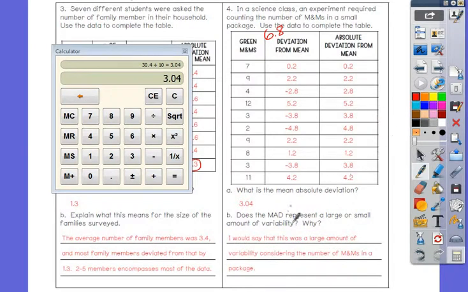And I would say this is a large amount of variability, considering the number of M&Ms in the package is pretty small. So if you're off 3 M&Ms in a bag that only had a few M&Ms to begin with, that's a pretty big deal.